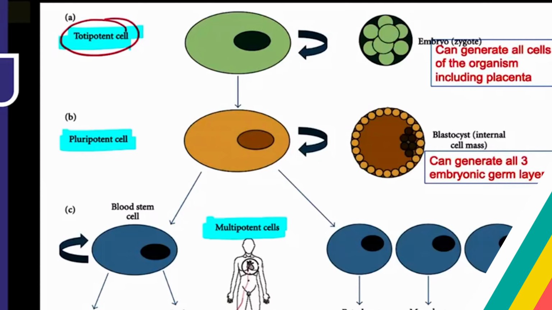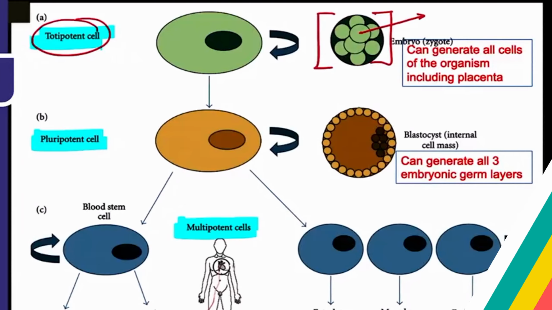If you take any one of these 8 cells and give a complete supporting medium for the proper growth of this cell, then this single cell can give rise to the whole organism, all cells of the organism, as well as the placenta.